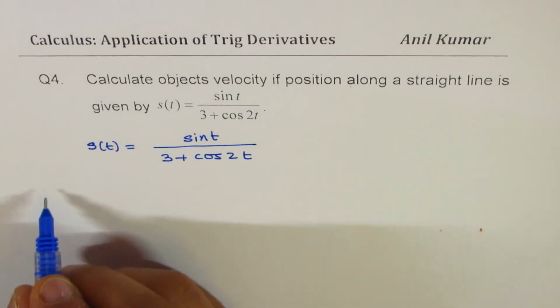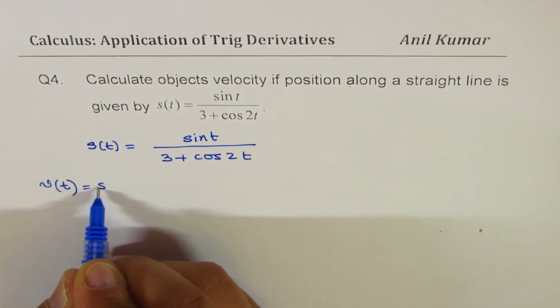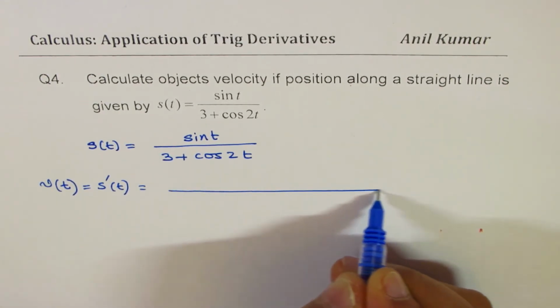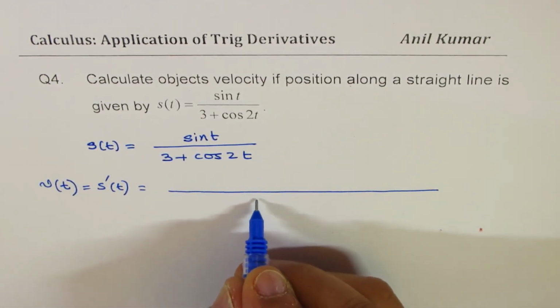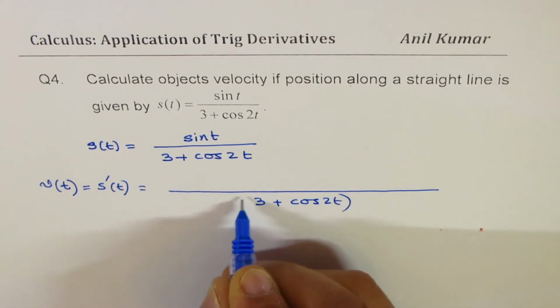Now, what is velocity? Velocity is the derivative of position, right? So we'll differentiate this with respect to time. Apply the quotient rule. So we get 3 plus cos 2t whole square in the denominator.